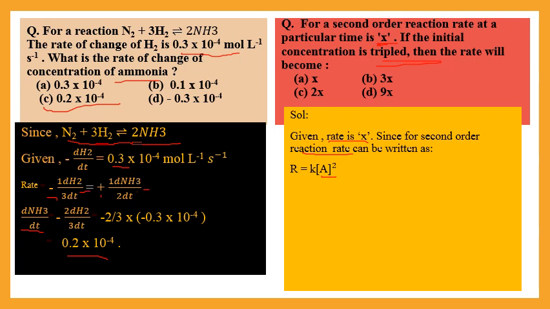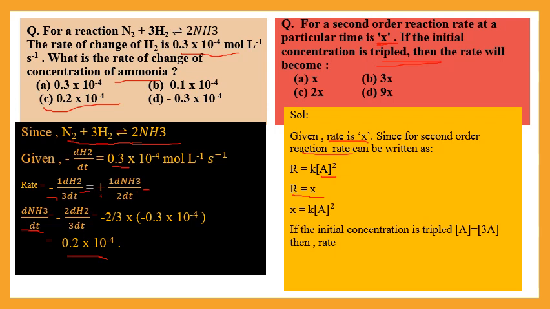So R equals K A squared, where A is the reactant. Since the rate is X, we can replace R by X, so X equals K A squared.